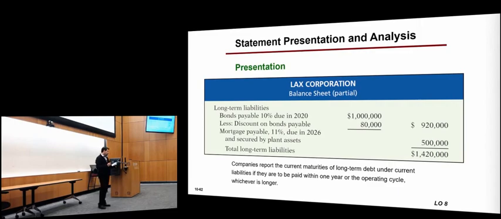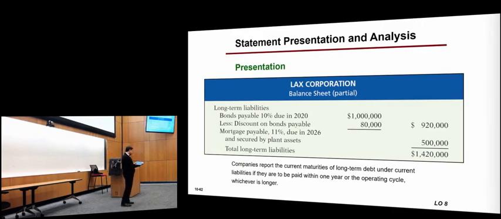Anyways, now, presentation. How do companies present long-term liabilities? You have long-term liabilities, you list bonds, notes payable. Usually, you list the percentage and the due date. For mortgage payable, you also have the notes terms.